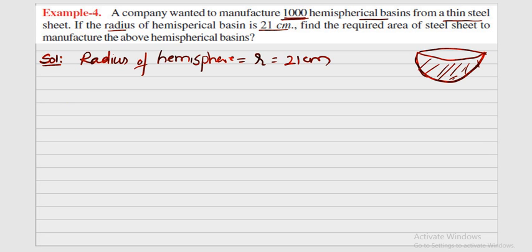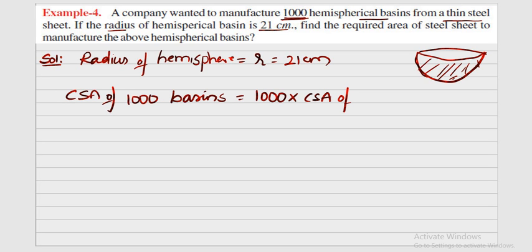So the CSA of 1000 basins is equal to 1000 into the CSA of each hemisphere.